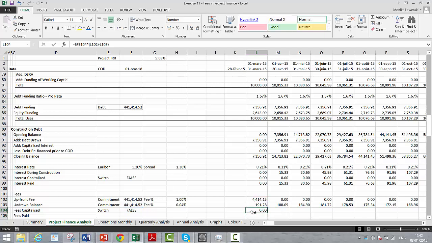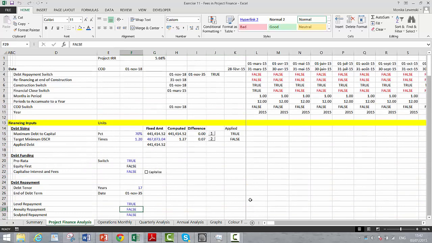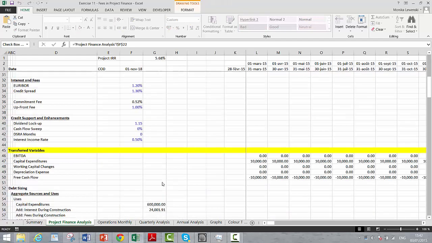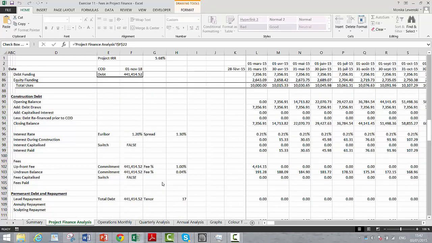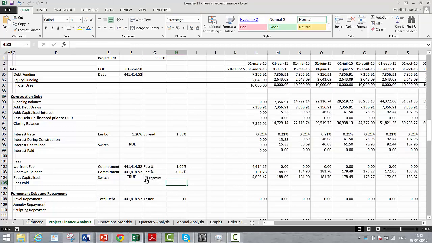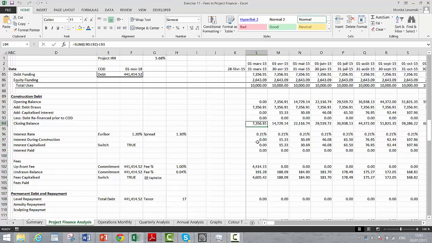Okay. And so if we wanted to capitalize the fees, we could temporarily put this down here. It's probably not a really good idea. It messes up the model a little. It's not that bad. Then all these fees go into the debt balance.